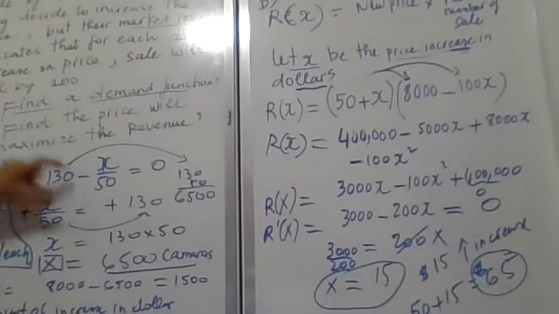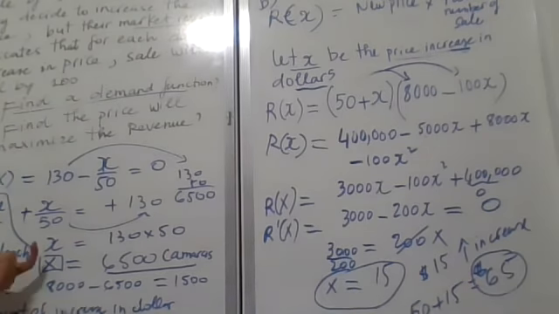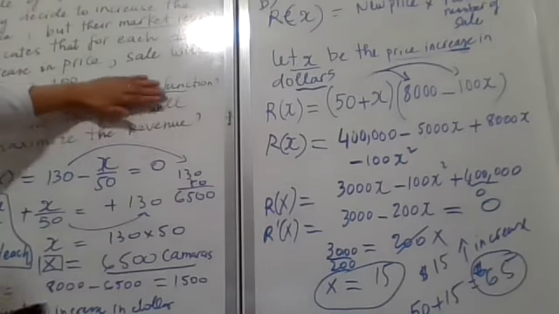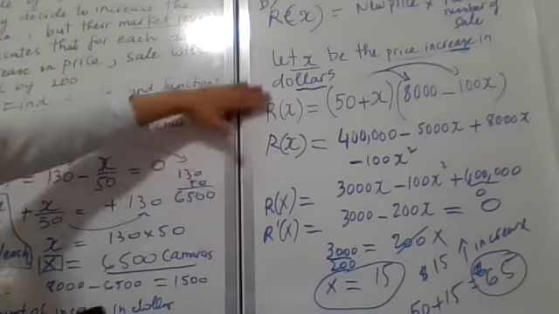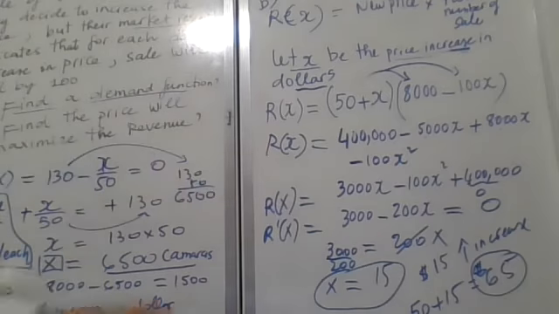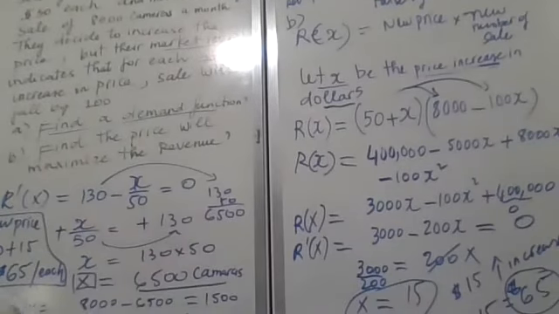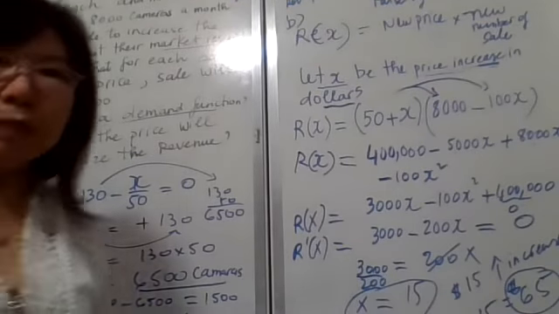But because we do it this way, we have to find the demand function first. Then after we find the demand function, we find the revenue using our demand function, right? In this way, if we don't have the first question, we can just go ahead and do it like this. So I show you both ways, and I hope that you enjoy and understand the concept.